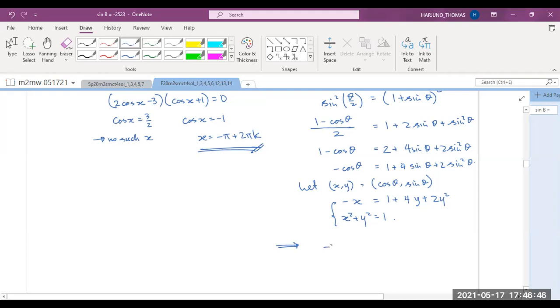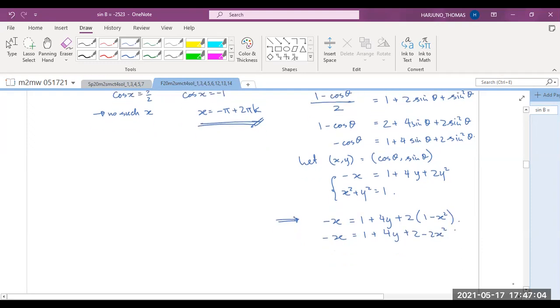So maybe negative x equals 1 plus 4y plus 2 times (1 minus x squared). So negative x equals 1 plus 4y plus 2 minus 2x squared. Still no. So 2x squared minus x minus 3 equals 4y.